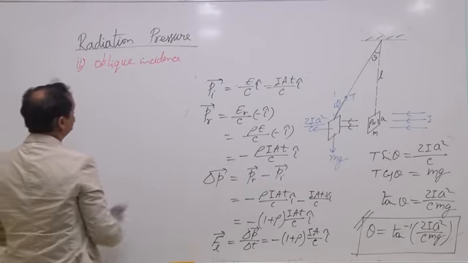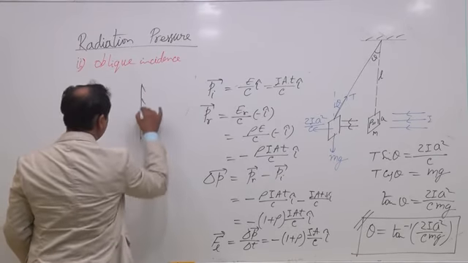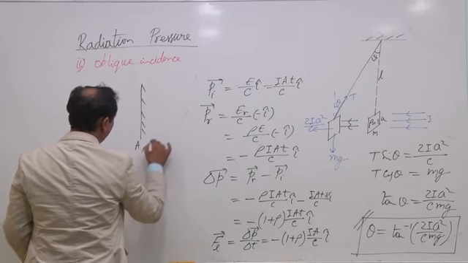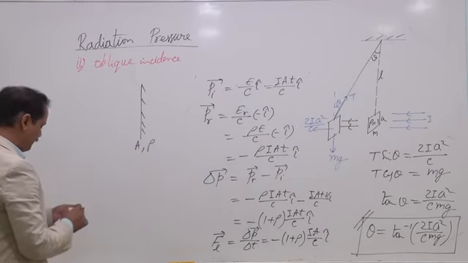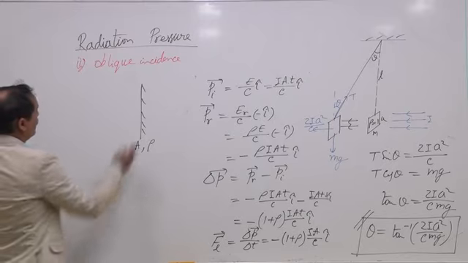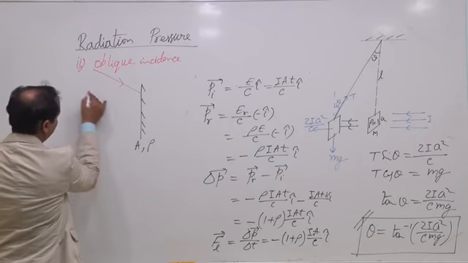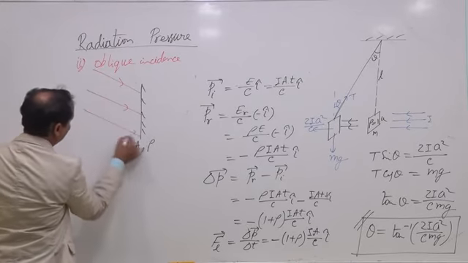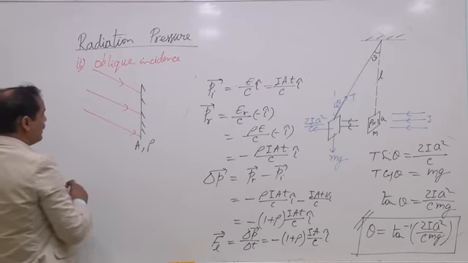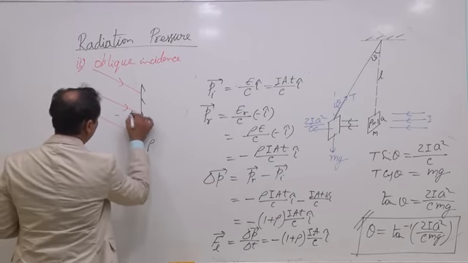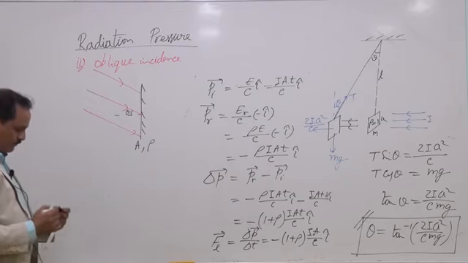Let us see. We have a surface of area A, coefficient of reflection rho. A parallel beam of light is incident on the mirror, making an angle theta.